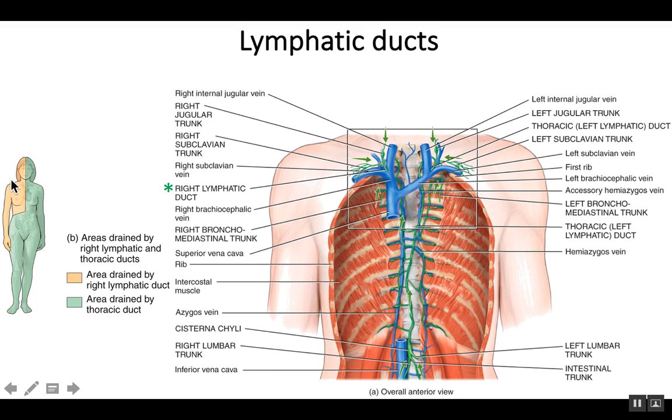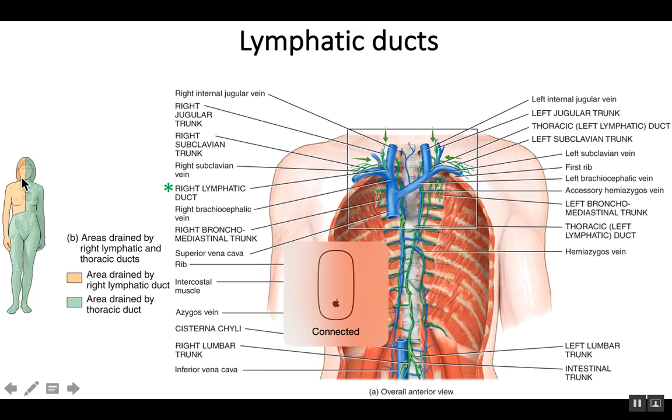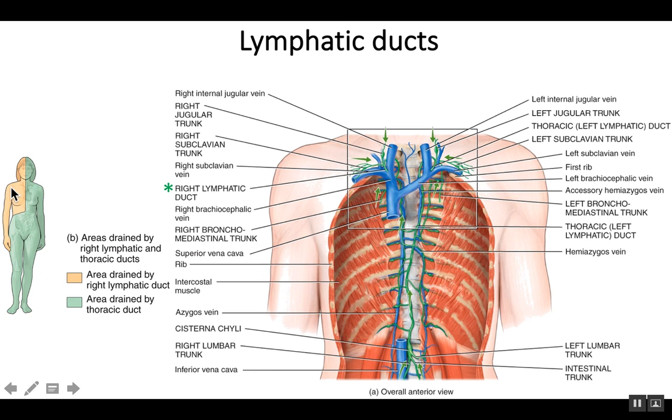So you'll notice that all the yellow areas, so the right side of the head and neck, the right chest, and the right arm, is going to drain via the right lymphatic duct into the right subclavian vein. Really, it's right at the place where the jugular vein merges together with the subclavian vein. Right about there is where the lymph enters.